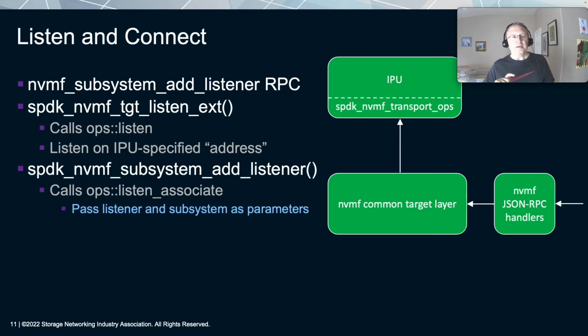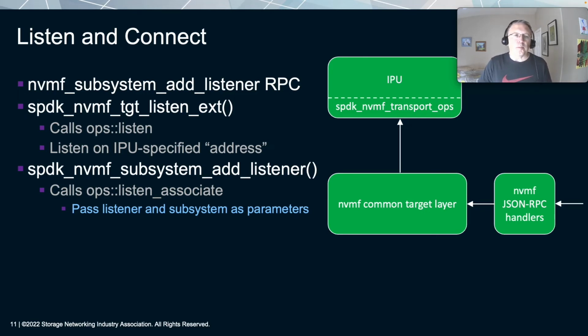But the difference here is that we also need to tell the IPU that when you get a connection for this address, and IPUs are going to have their own way to specify what a listen address is. It's not going to be an IP address and port. It's going to be something else that's defined by the IPU, which is outside the scope of this talk.